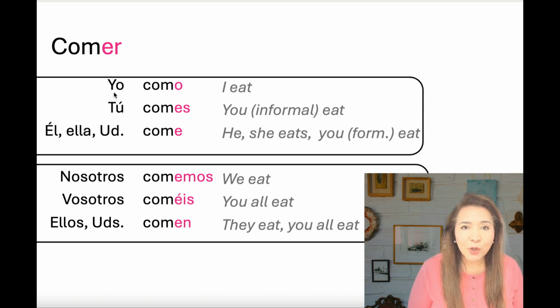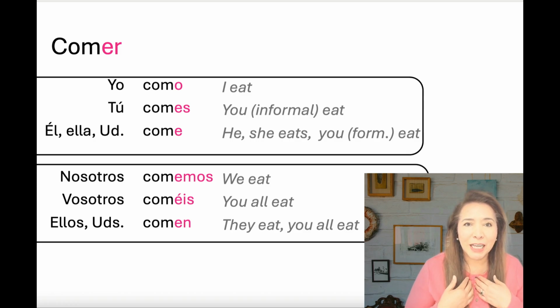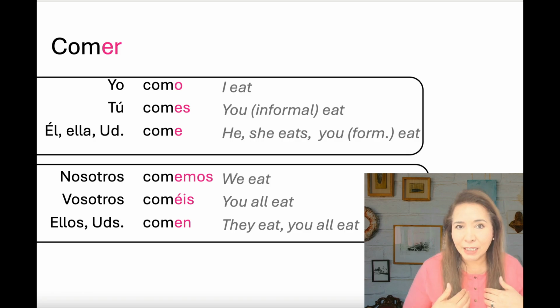Remember, these pronouns are optional for the most part. Most people will just say como pizza, for example, instead of yo como pizza. Why? Because when you say yo como pizza, you're emphasizing I eat pizza, not you.